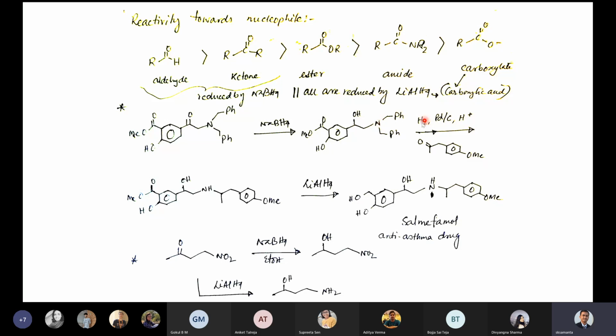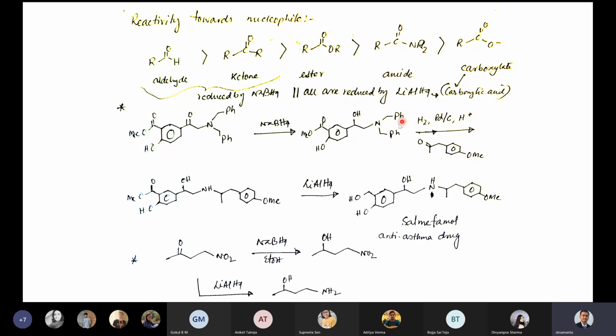If you reduce with palladium on charcoal and hydrogen, then these groups will be deprotected. This kind of chemistry you will learn when protection-deprotection chemistry is taught. Then you will understand why in the first place we put this one and now how we are removing it. This chemistry will be taught a little bit in later classes, but now I am just giving a brief introduction.